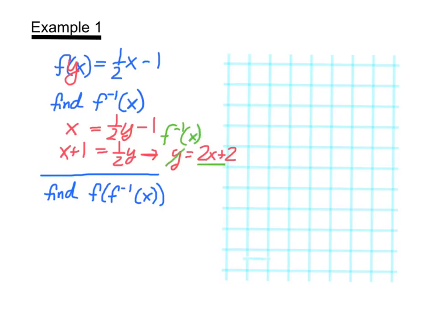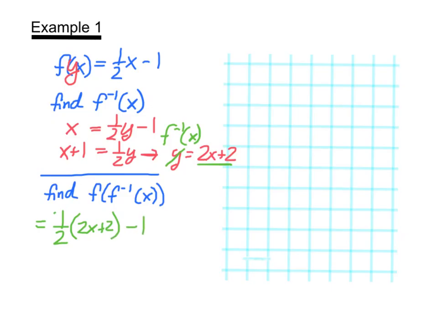Okay, now that we know the inverse, we can find the composite function down here. Remember, I'm going to take this function and place it into this function everywhere I see an x. And so my composite function equals 1/2 times 2x plus 2 minus 1.